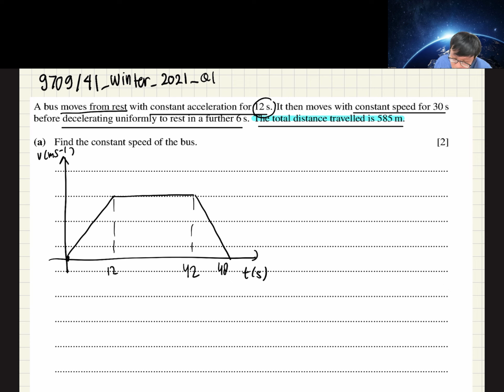The total distance is 585, so the area here is 585. The question is to find the constant speed of the bus, which is this one, when it's moving at constant speed.